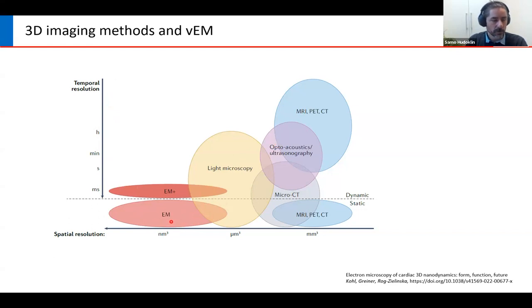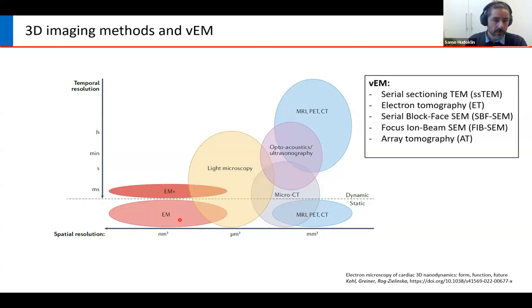So it's quite important that at a certain point you correlate the different imaging techniques to give you the full answer. Among those EM methods, there are several, like serial sectioning, electron tomography, serial block face, focused ion beam, array tomography. The latter three of them are probably the most known in today's labs.